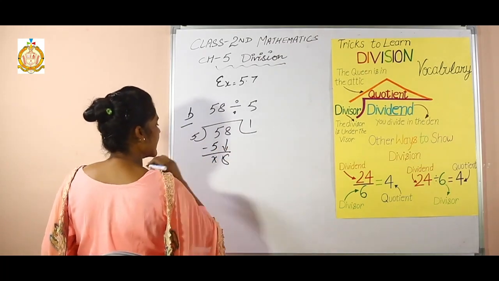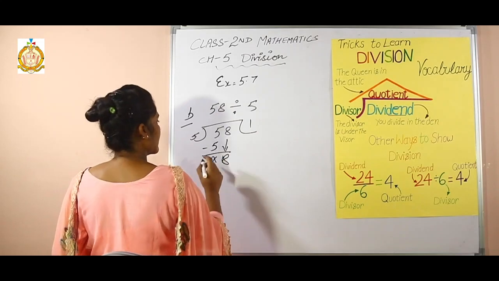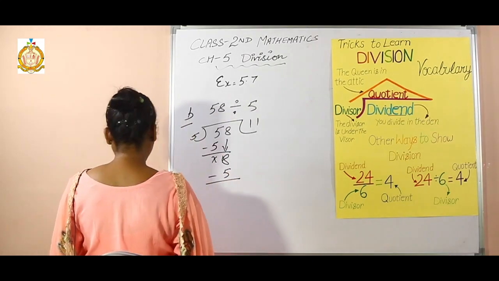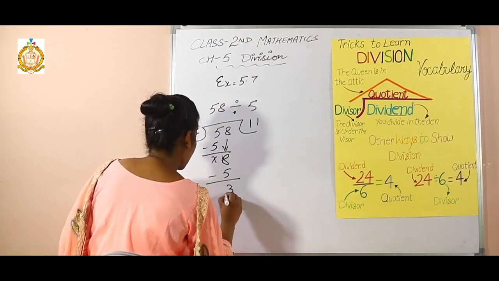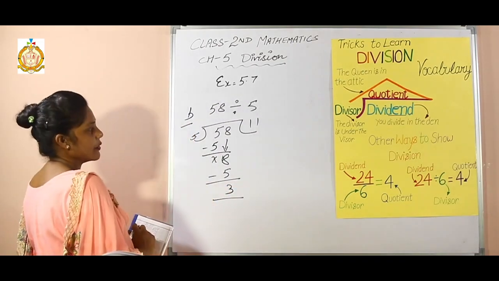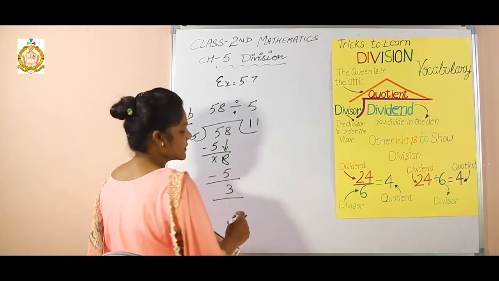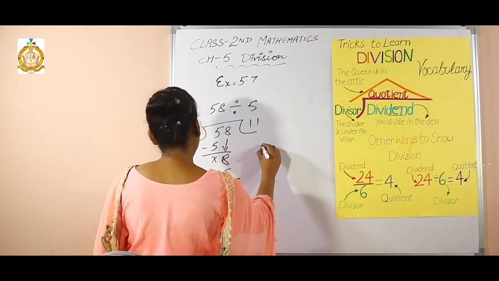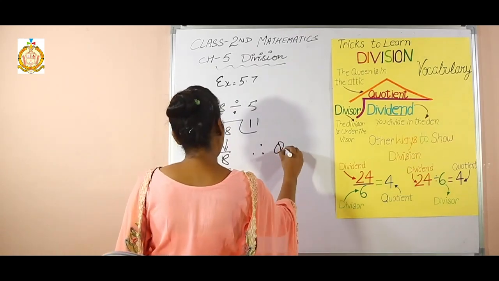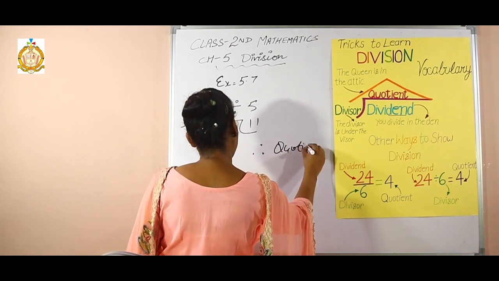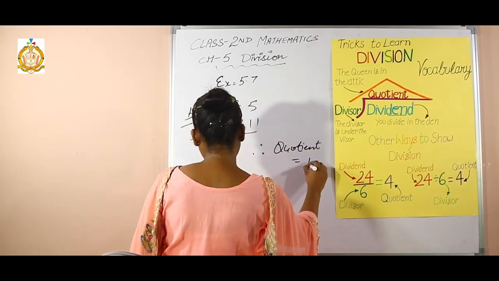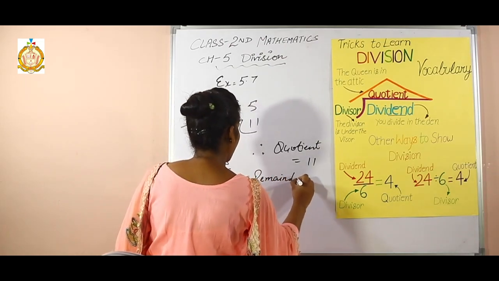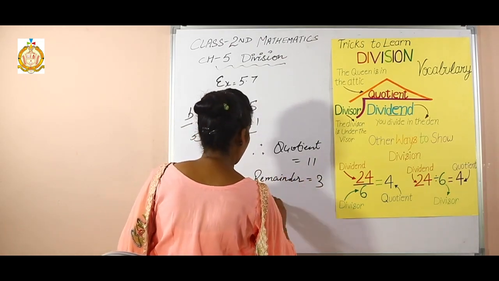What comes down? 8. 5 ones are again 5. So here is minus. So what is the remainder? The remainder is 3. You should write the quotient here, that is the symbol. Quotient equal to 11. Remainder equal to 3.